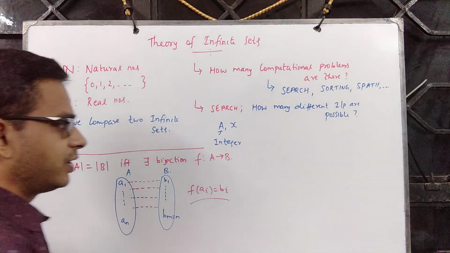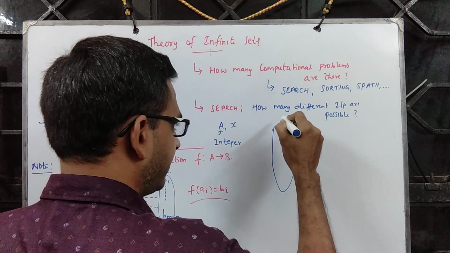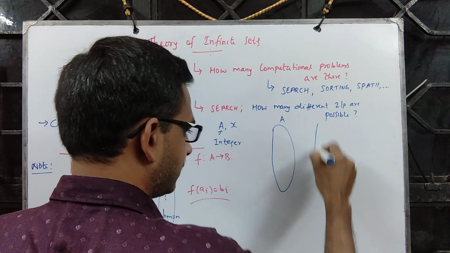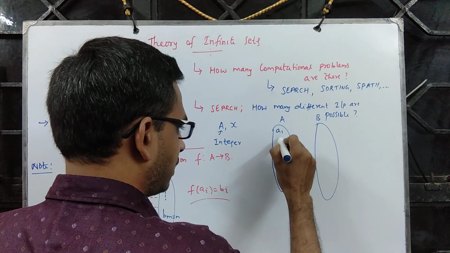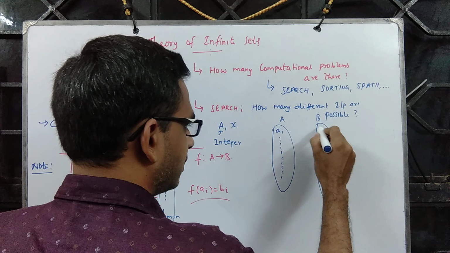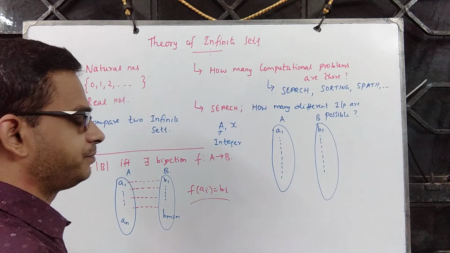So please note, if you could establish a bijection between two sets, whether finite or infinite, this has so many elements and this has so many elements, we don't know, it could be infinite.